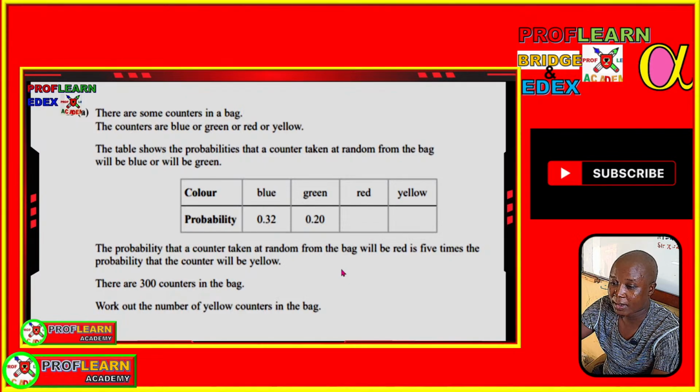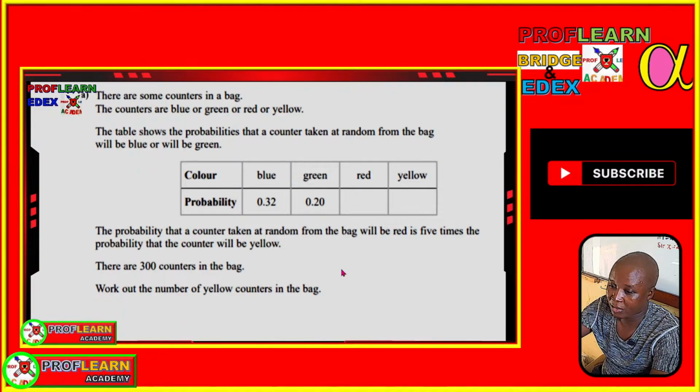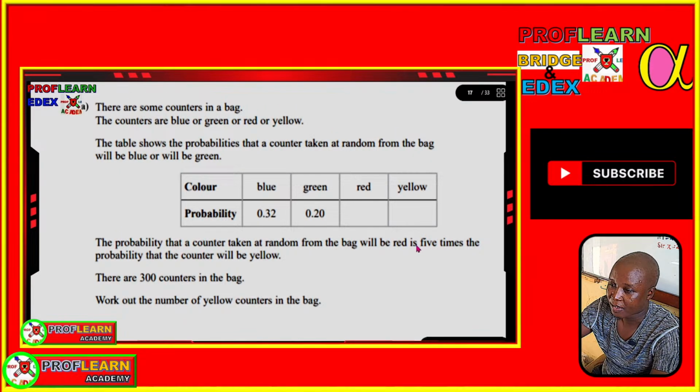So for us to work this out, we are going to equate everything that we add there to 1. But we shall first let yellow be x. If we let yellow be x, then red, because we are told the red is 5 times the probability that the counter will be yellow, is going to be 5x.